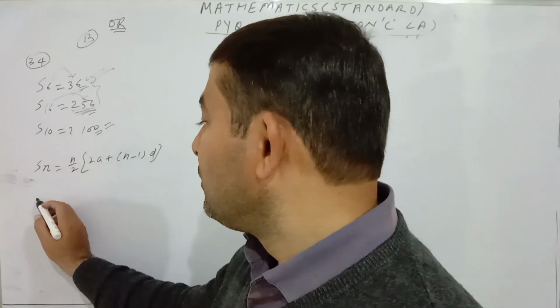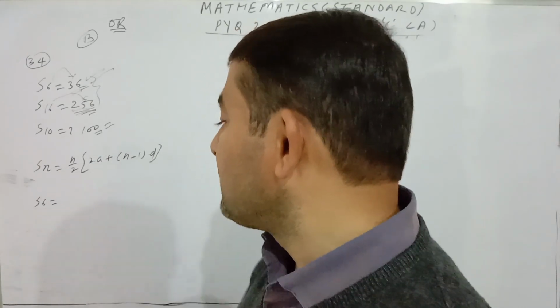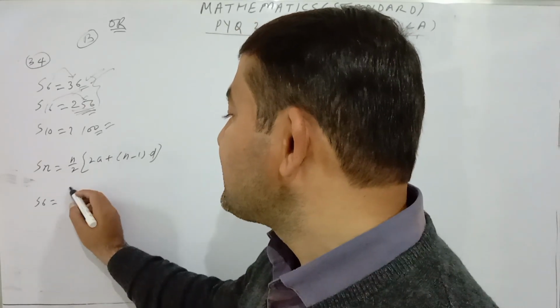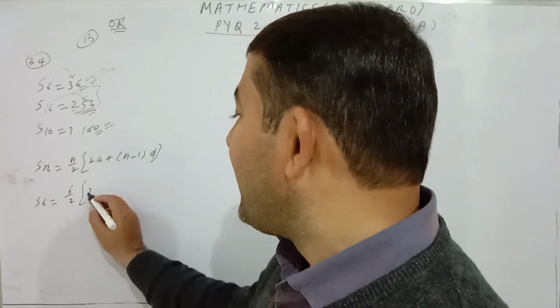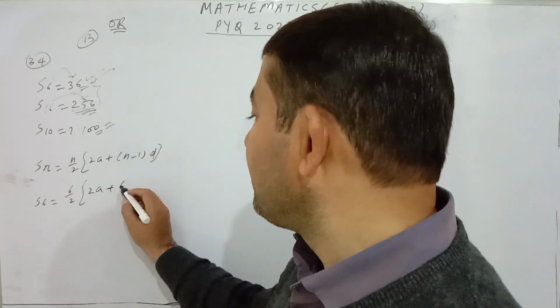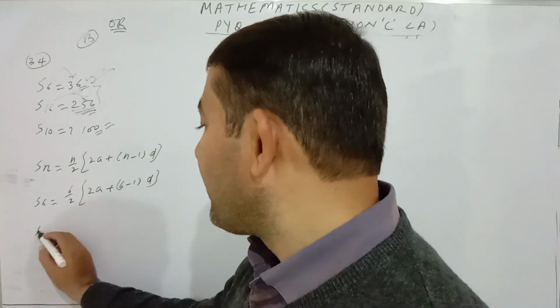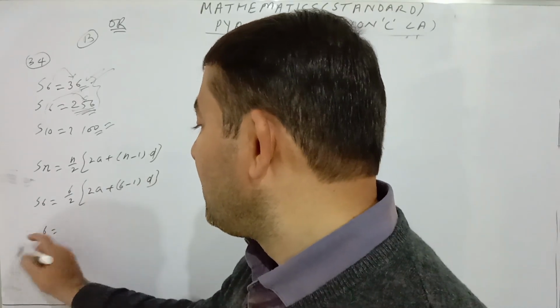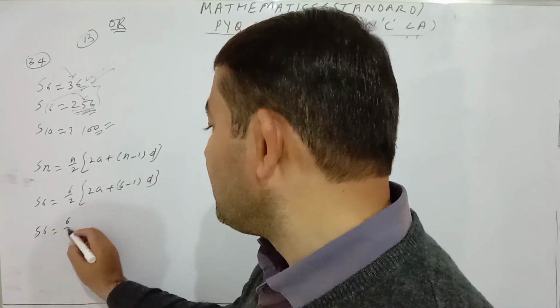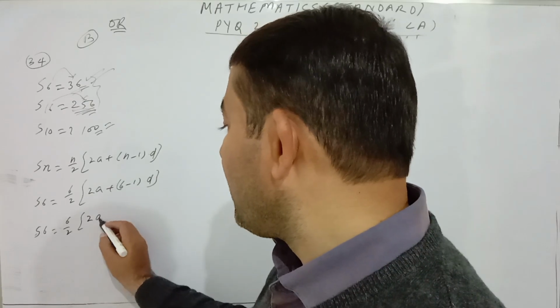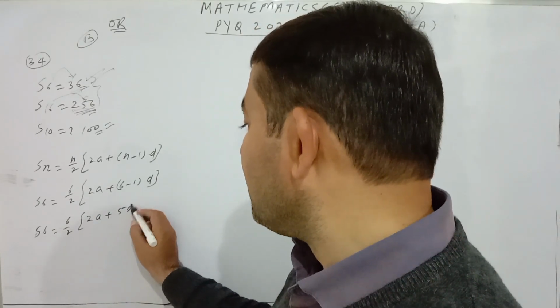So the sum of 6 terms, S6, equals 6 by 2 into 2a plus 6 minus 1 into d, that is, 6 by 2 into 2a plus 5d.